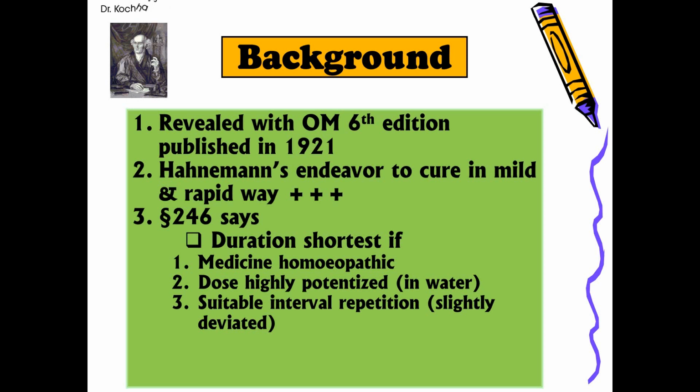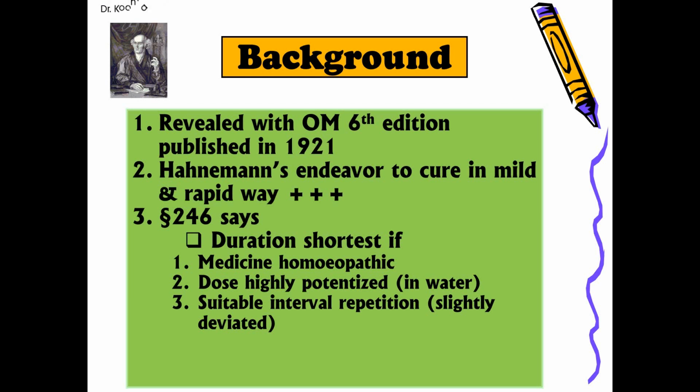And in 6th edition he adds something more, and that is there should be a slight deviation in dose, in potency. That means if you are giving first potency, then the second time it should be second potency, third potency, fourth potency. This is possible in 50 millesimal, because 1, 2, 3, 4 up to 30 there are potencies.